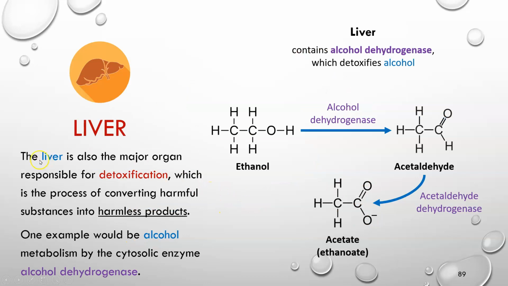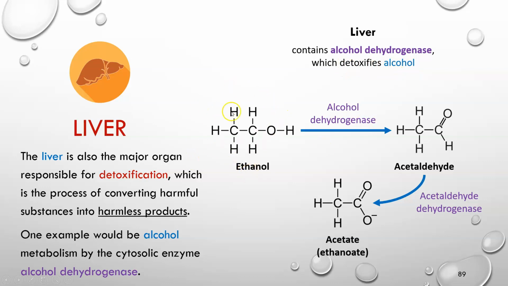So the liver is the major organ that's responsible for detoxification, which is the process of converting harmful substances into harmless products. One example would be alcohol metabolism by the enzyme called alcohol dehydrogenase. The liver contains this enzyme, which basically detoxifies alcohol.